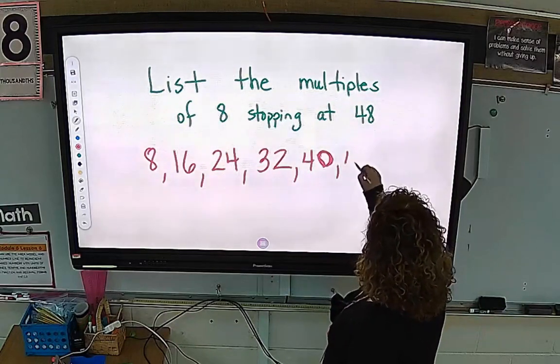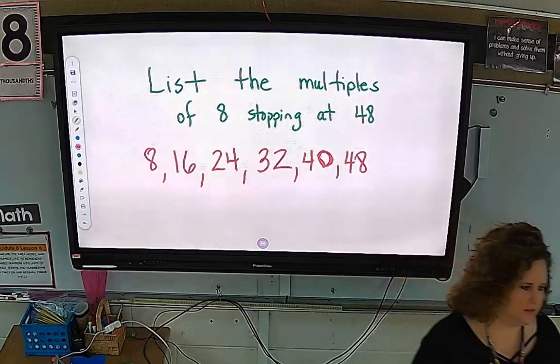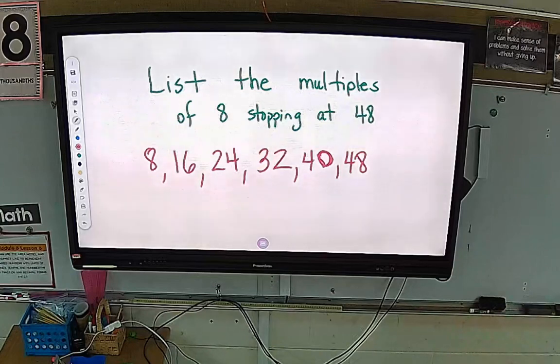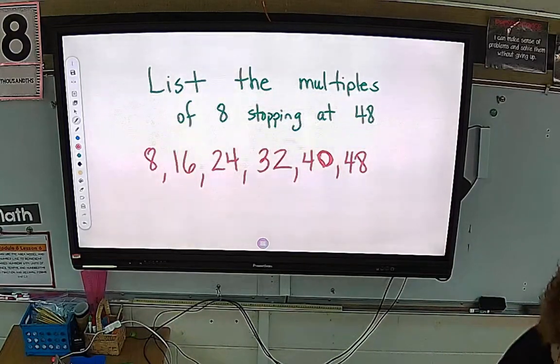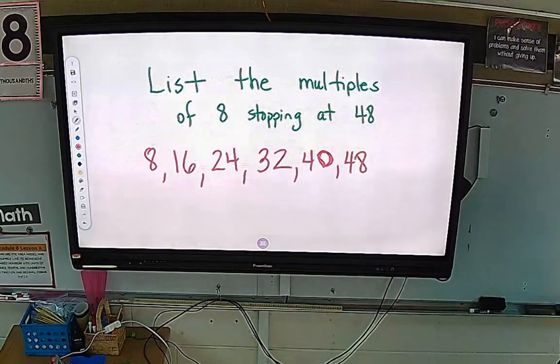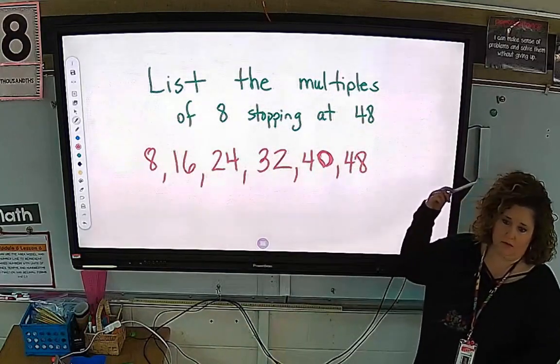48. Okay. Multiples. That's why we do that silly thing all the time. It's because we're trying to remember that we're skip counting. We're skip counting by eights. Yes. Okay. Factor pairs. Factors go together. Multiples do not. Okay. We could go on forever, couldn't we?